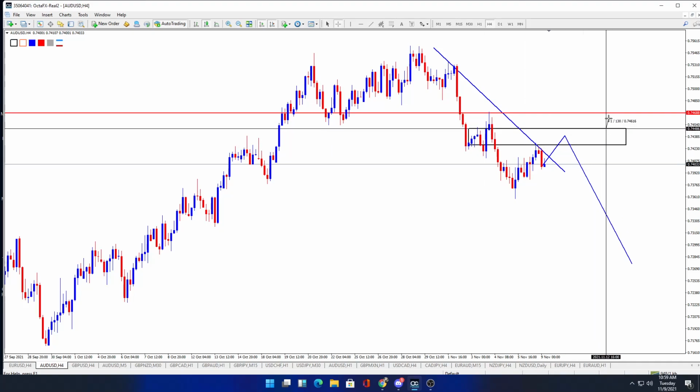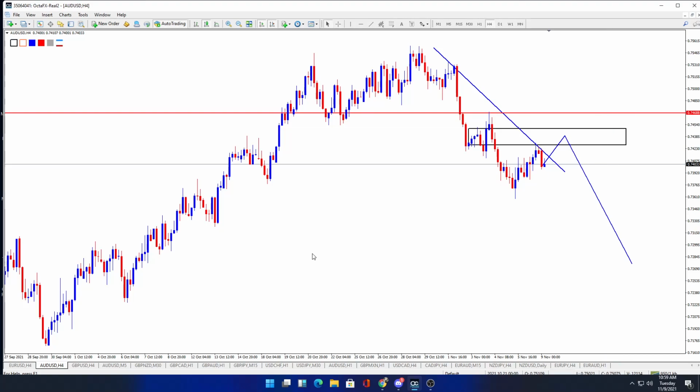From here to here is around 20 pips only, so you can stand by your pending order on this area. This belongs to AUDUSD. You can stand by your pending order at 0.74482.